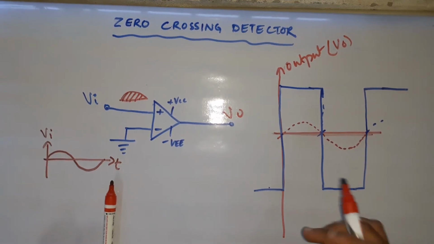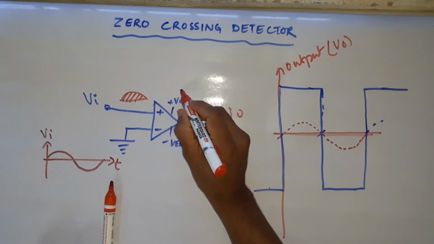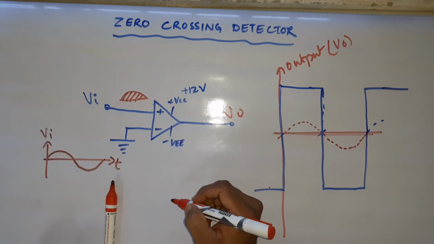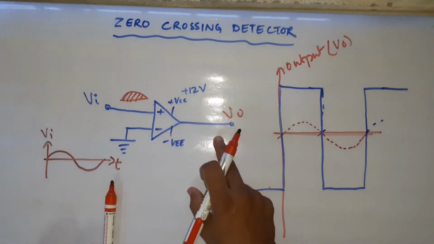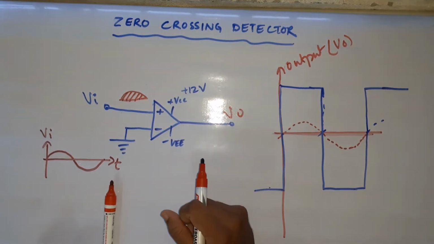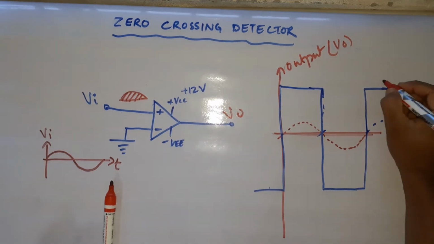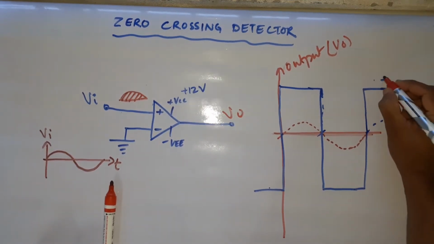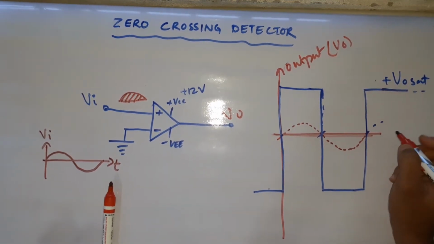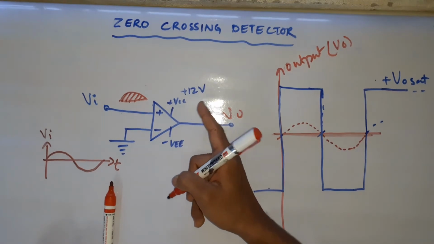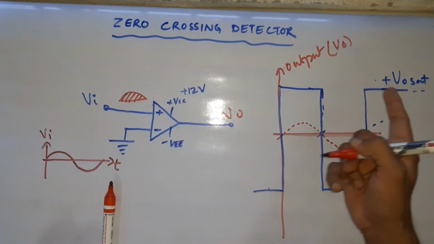Now if we have given, for example, VCC equal to plus 12 volt, what is the maximum possible output voltage? It is going to be plus V naught sat. You already know this. And this plus V naught sat is always less than VCC.